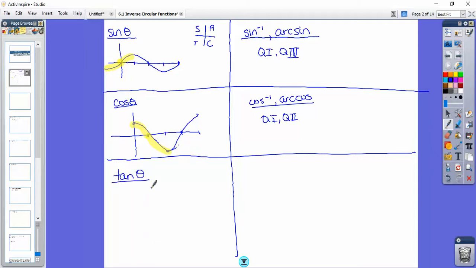If you recall with tangent, that was kind of the weird one, that we already graphed it from negative pi over 2 to positive pi over 2. In other words, when we did our regular tangent graph, we were already graphing quadrants 1 and 4, and that's going to be the same for the inverse.